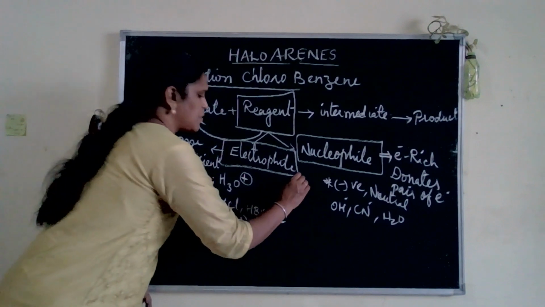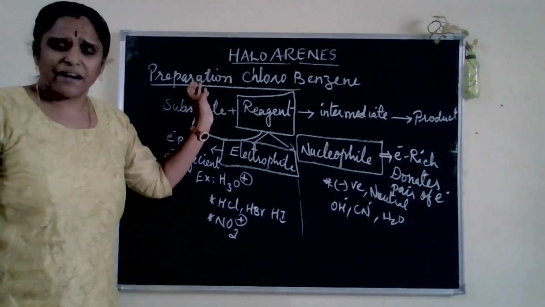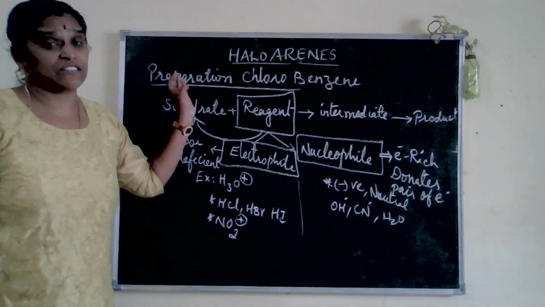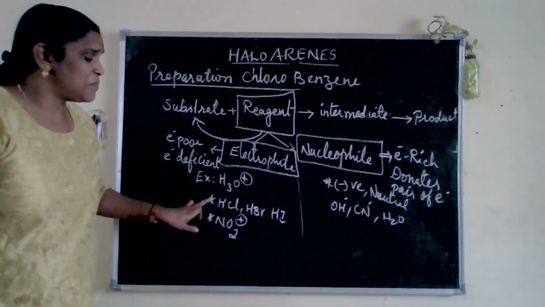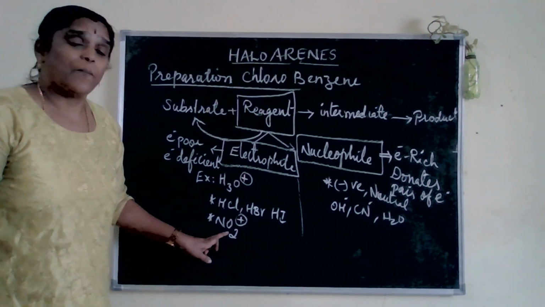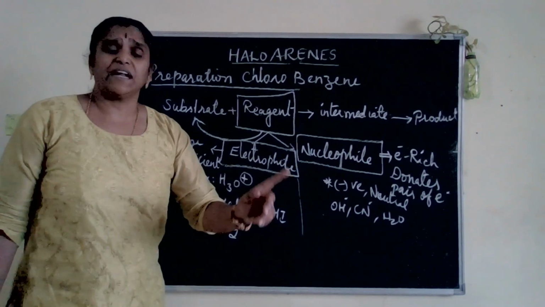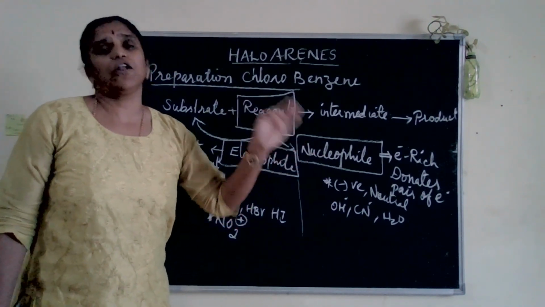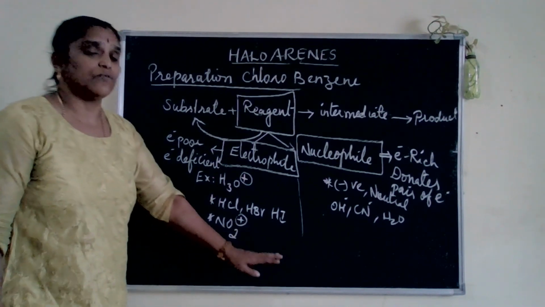So these are the points I wanted to mention. So whenever an organic chemical reaction takes place, especially you should check the reagent, whether it is a positive species, like a hydrogen halide, or an OH- ion. So you can identify whether an electrophilic or nucleophilic reaction takes place. Yes, fine.